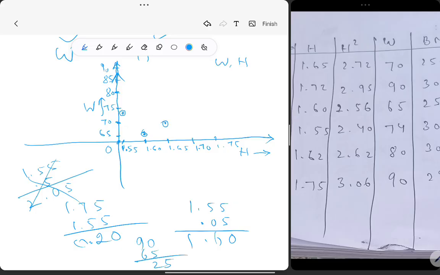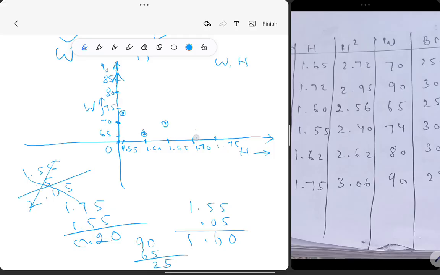And then you have 1.70. We don't have 1.70, but we have 1.72 in place. Instead of 1.70, we have 1.72. That will be somewhere here, 72, and then go up. How much? 1.72, 90.